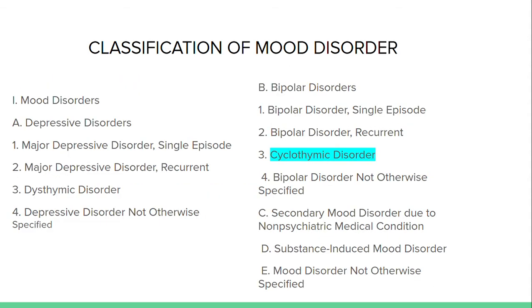The classification of mood disorders is really important because it is really complex, and the content written here has different differential diagnoses. So it's really important to understand the differential diagnosis of each of the cases.